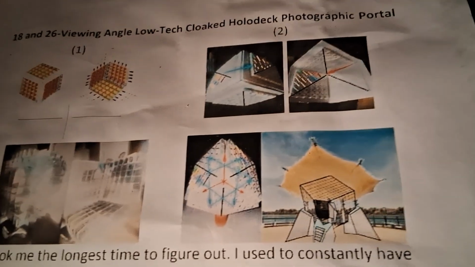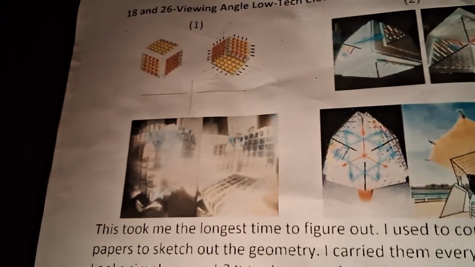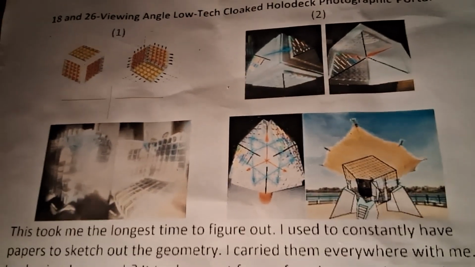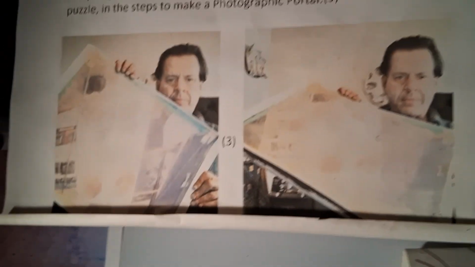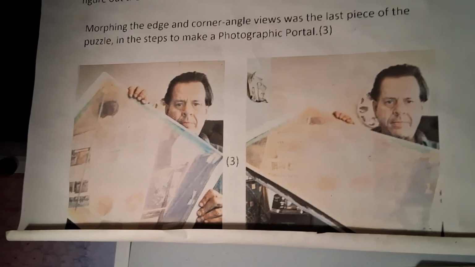Well, this image right here shows how the outside can become the inside by a few manipulations of the cube diagram on top, and how the corners can become the inside too. Turn it from the holodeck, from invisible low-tech to high-tech, to low-tech holodeck. And this is the last part of the puzzle, I guess, of morphing the edge and the corner views.